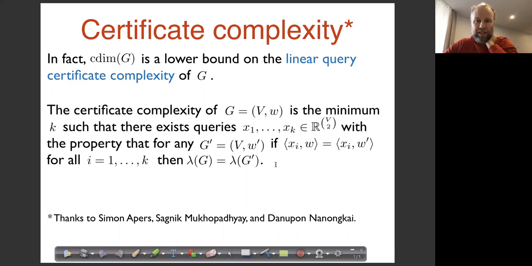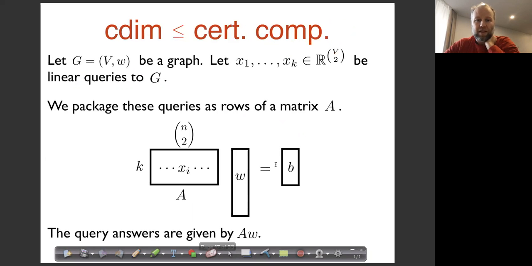Okay, so let me go ahead and sketch why cut dimension is a lower bound on certificate complexity. We just need a little bit of linear algebra to see this, but let's go through it. Again, G is our graph with weight vector w, and let's say we have queries x1 through xk.